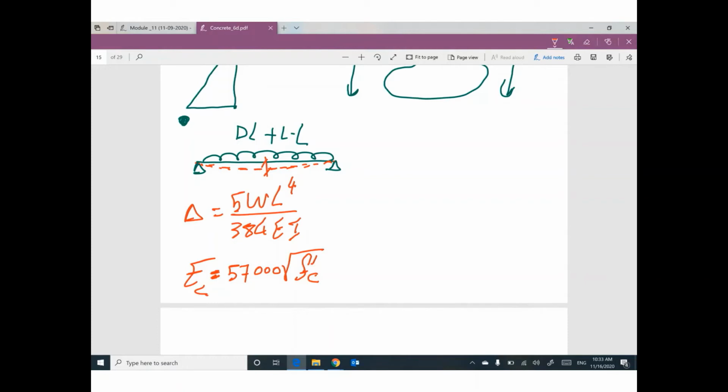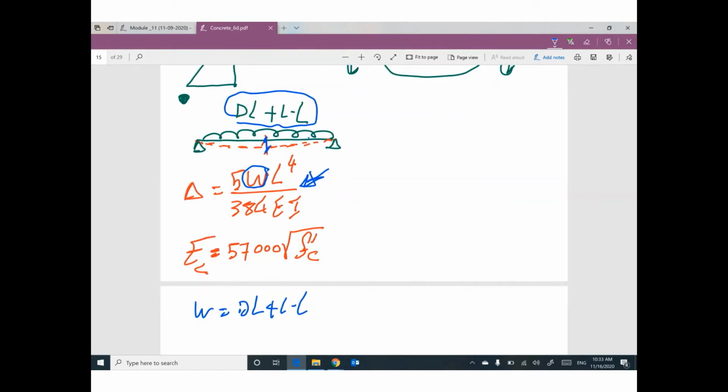Anyway, just keep in mind that the deflection due to the effect of external load is downward deflection. How much? This one. By the way, W equals dead load plus live load. We don't have a factor, just service load.